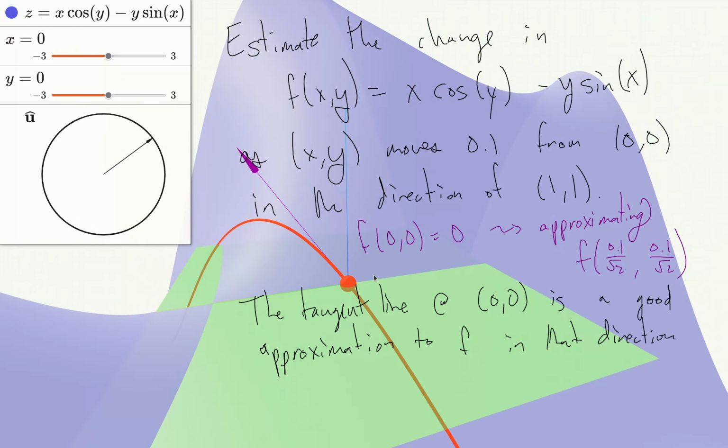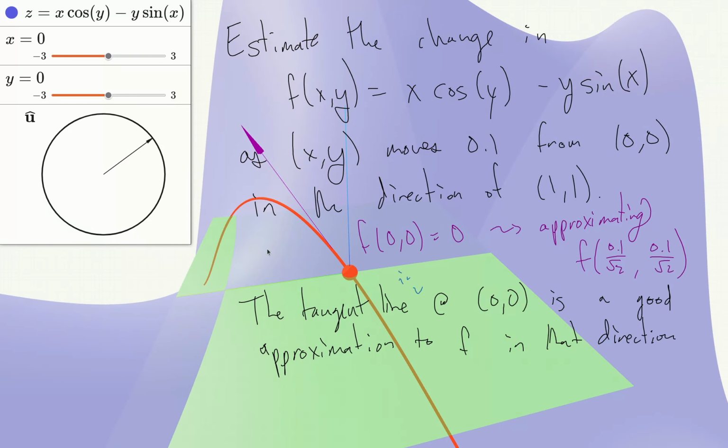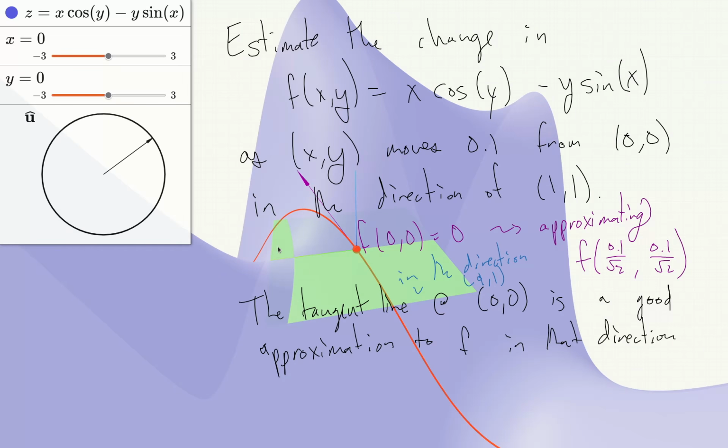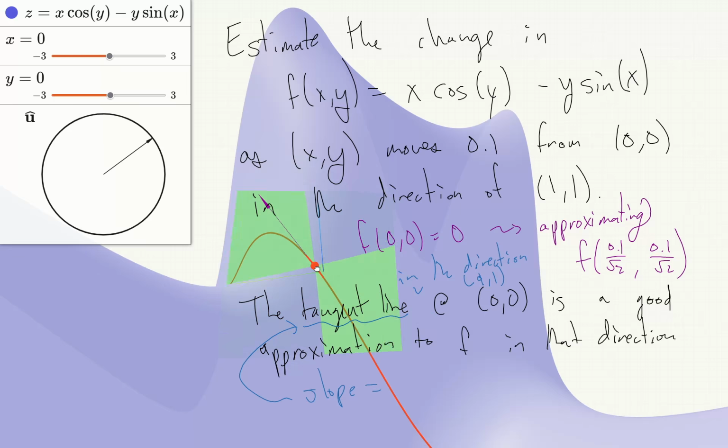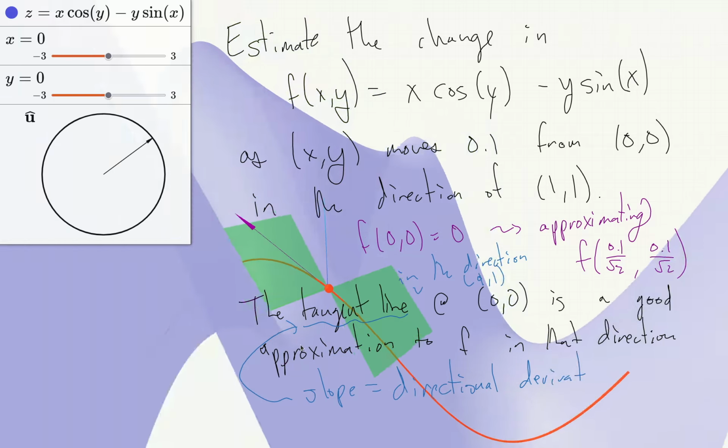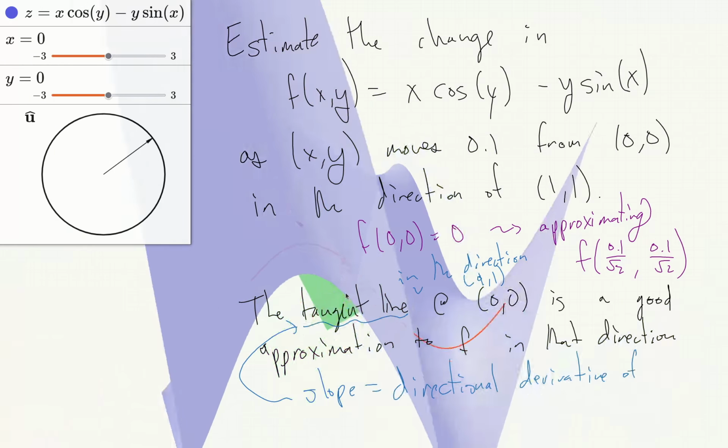So I mean tangent line in the direction of (1, 1). And in particular, the slope of that tangent line is equal to the directional derivative of f in that direction.